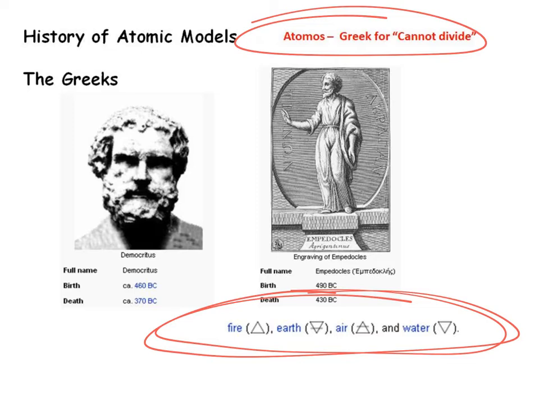And this is not far from what we even know today. Rather than the elements that we know of today, this is more in line with the states of matter. For example, earth represented anything that was solid. Anything that is solid is made out of earth atoms, basically. And then you've got water, which corresponds to anything that's a liquid for the most part.